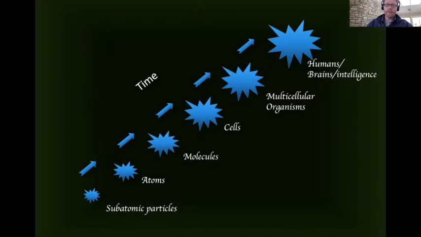And then the next thing were atoms, hydrogen atoms. And then the next things were molecules made in stars. Eventually stars made planets and organic molecules, and cells formed on those planets.